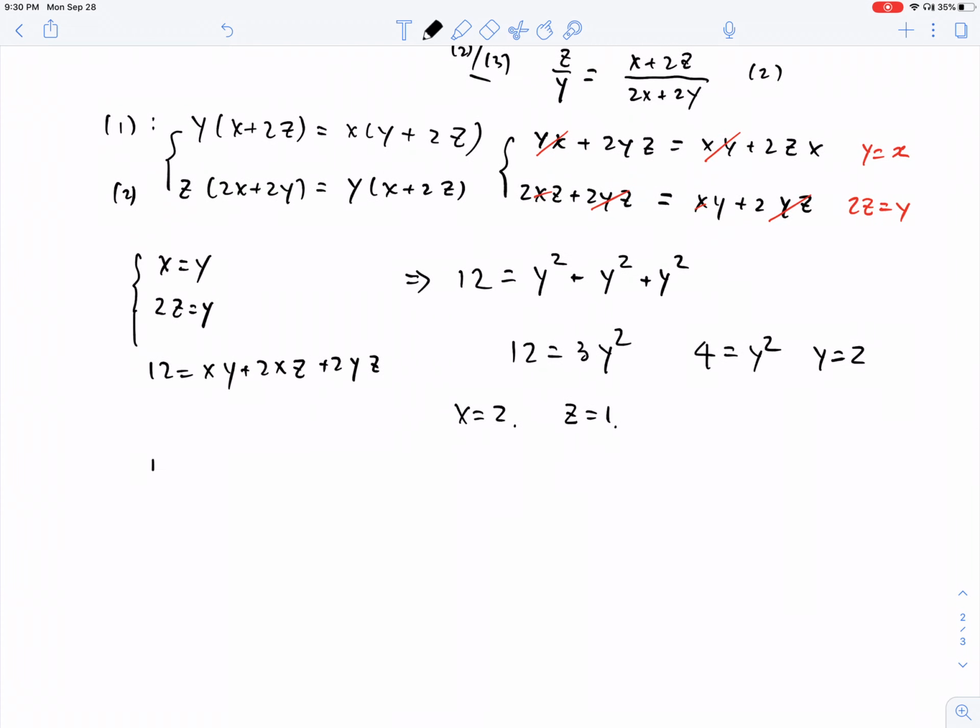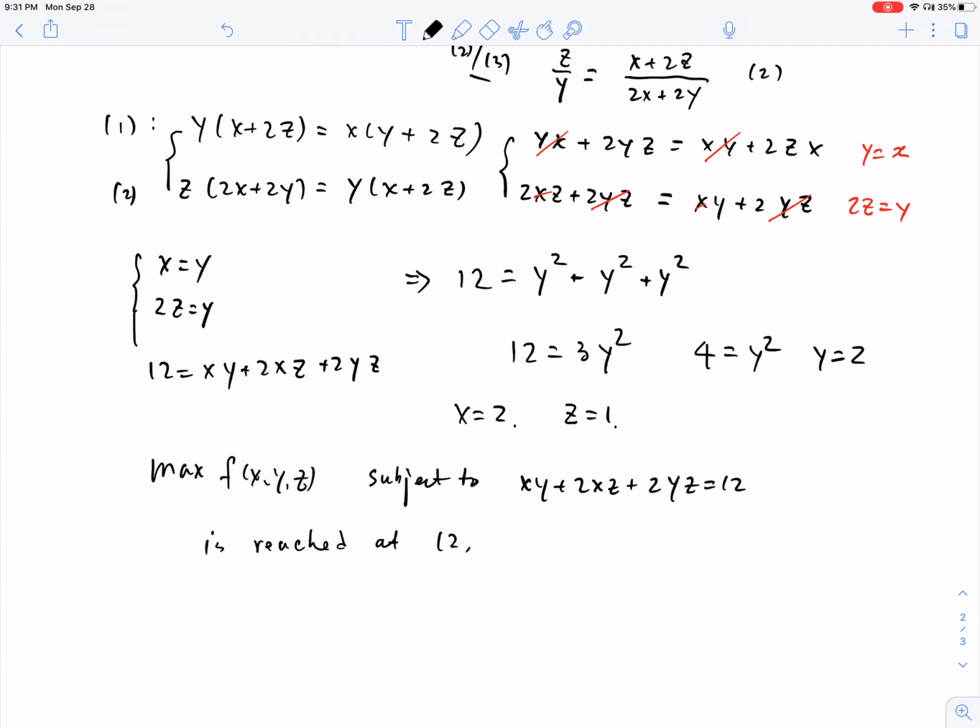And so we have the maximum value of f of x, y, z, subject to the condition xy plus 2xz plus 2yz is equal to 12, is reached at x is equal to 2, y is equal to 2, and z is equal to 1.